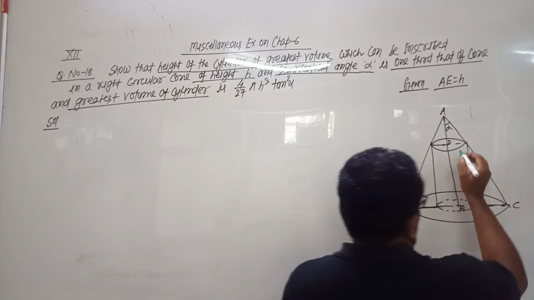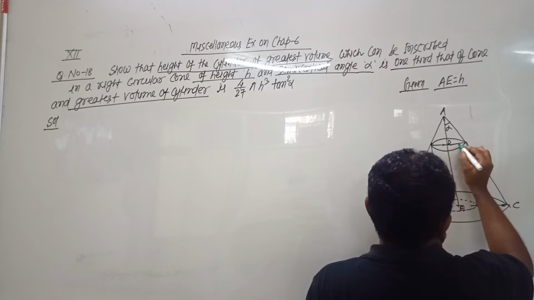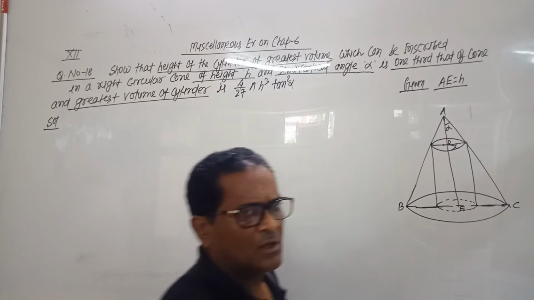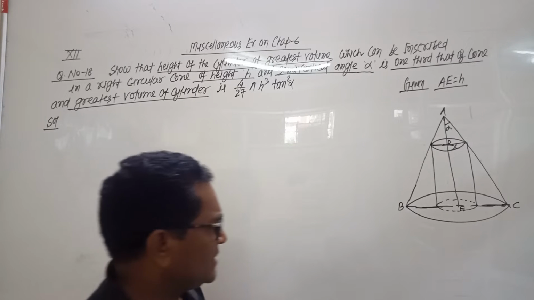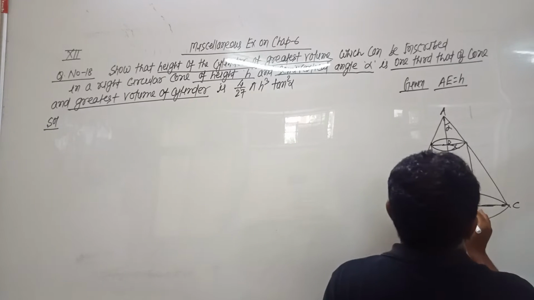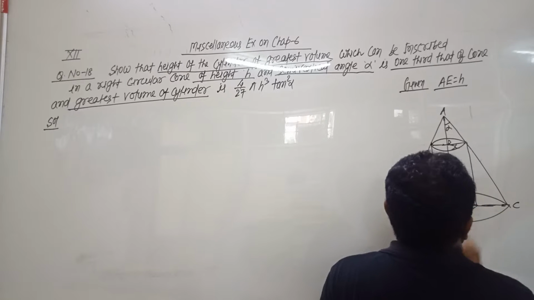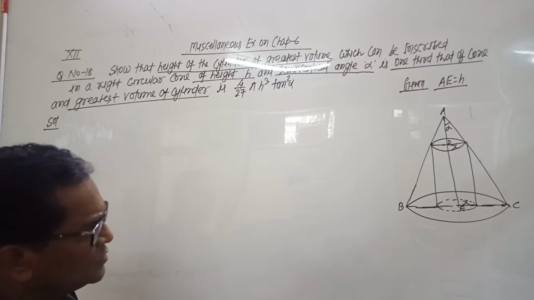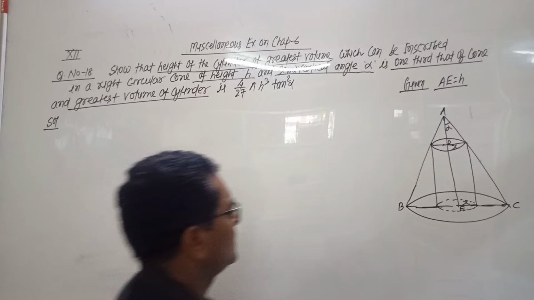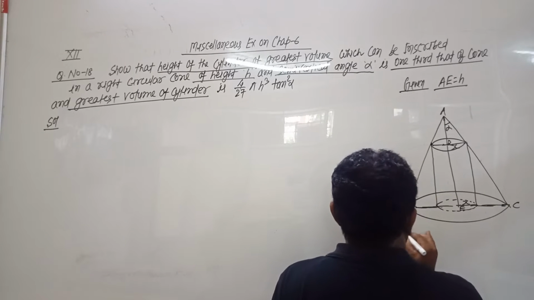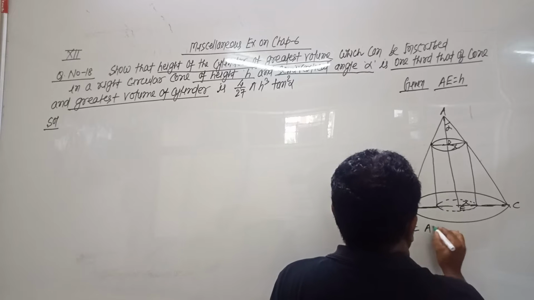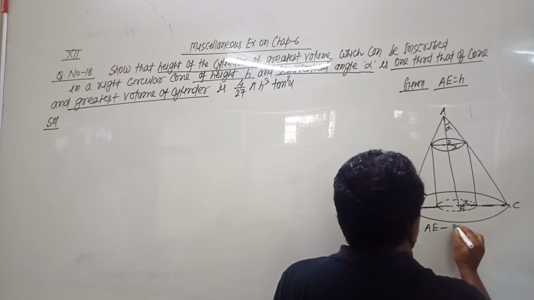Let the radius of the cylinder be x. Then what would be the height of the cylinder? The height of the cylinder DE can be written as AE minus AD.